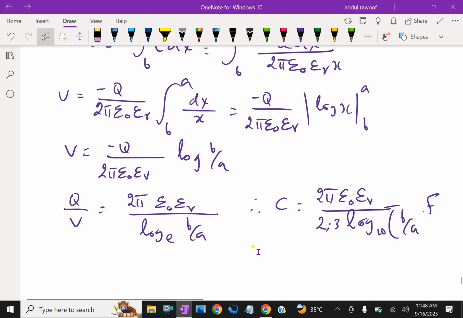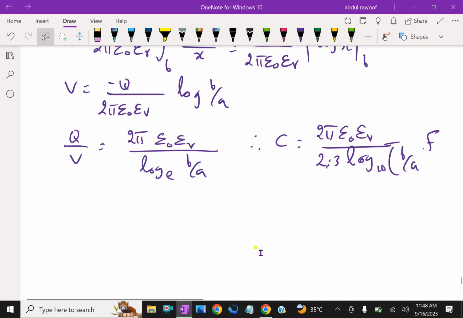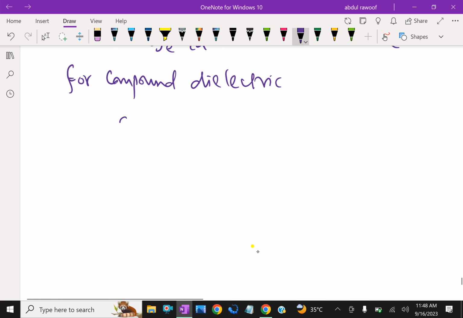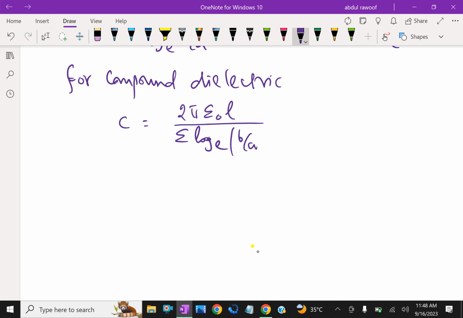In case the capacitor has compound dielectric mediums, C is 2 pi epsilon 0 L over the sum of log e b by a over epsilon r.